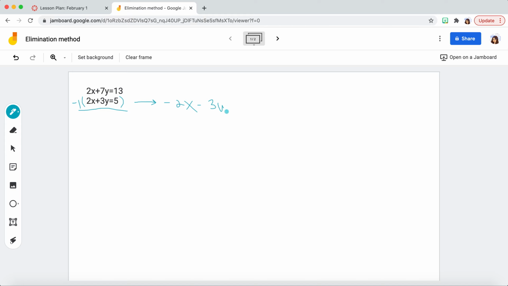And I also have to do it to the 5. Again, to make one of the equations negative, I have to do it for all the numbers in the equation. And then the other one is going to stay the same. So 2x plus 7y equals 13.